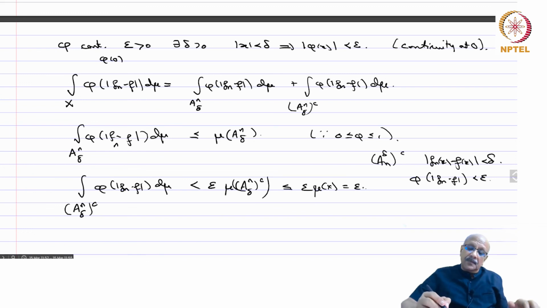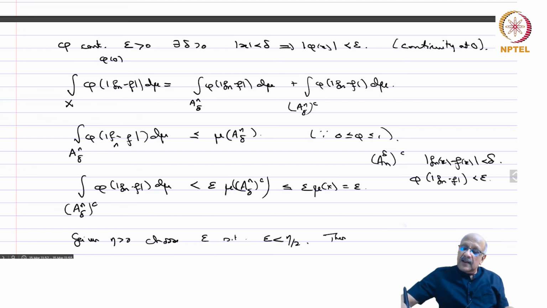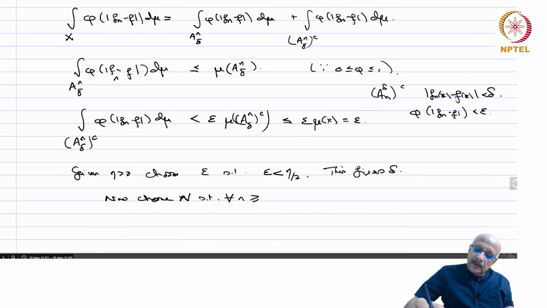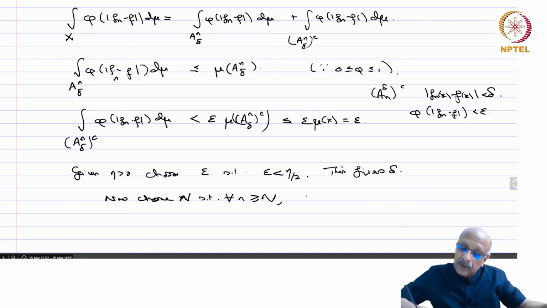Given eta positive, choose epsilon such that epsilon times mu of X is less than eta by 2. This fixes delta. Now choose N such that for all n greater or equal to capital N, you have mu of A_n delta is less than eta by 2.